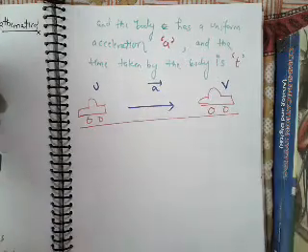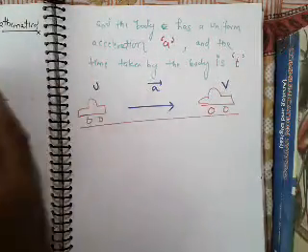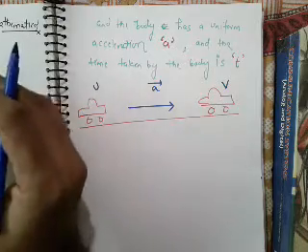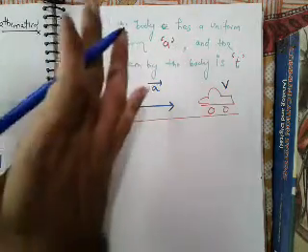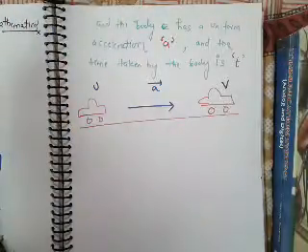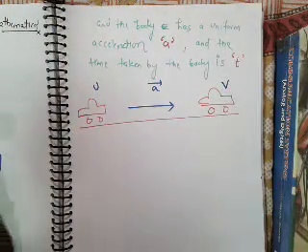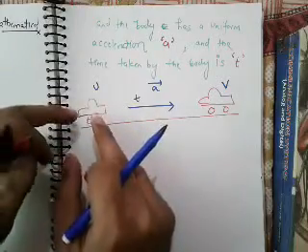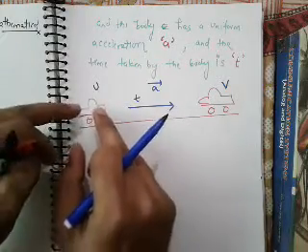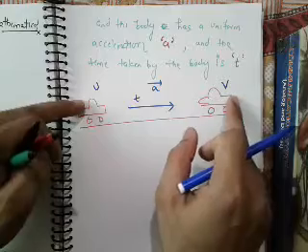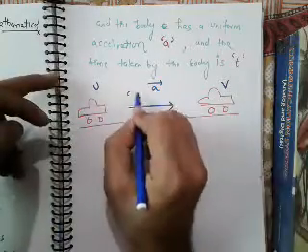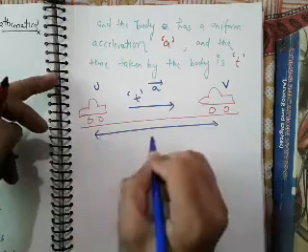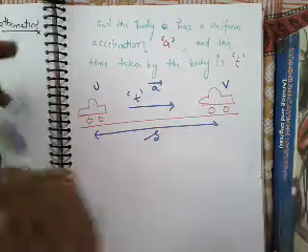The car has uniform acceleration a. The speed of the body changes; this is the work of acceleration, to change the speed or velocity of the body. The time taken by the car to change its velocity from u to v is small t. During this time interval, the car travels a distance, or displacement you can also say, s.